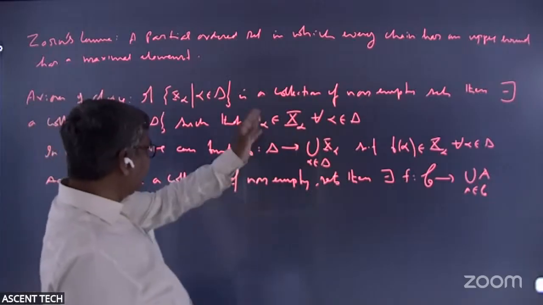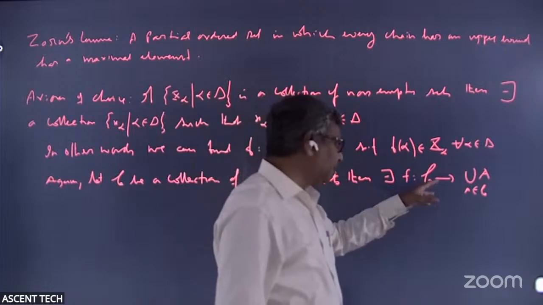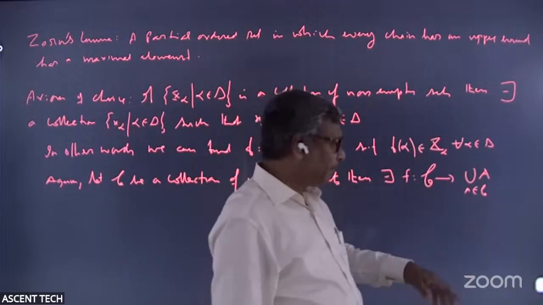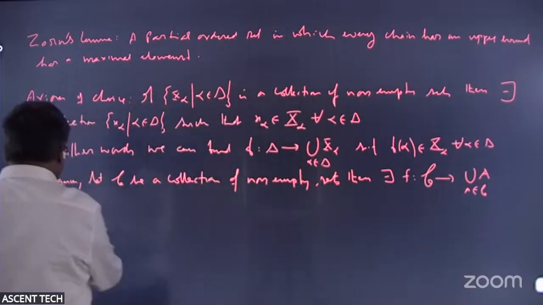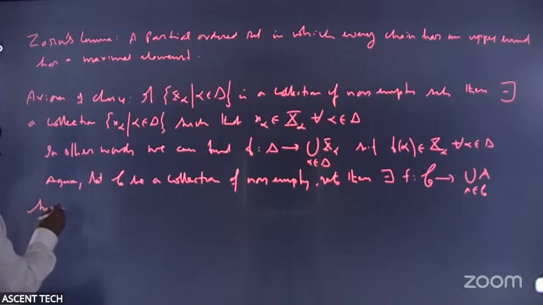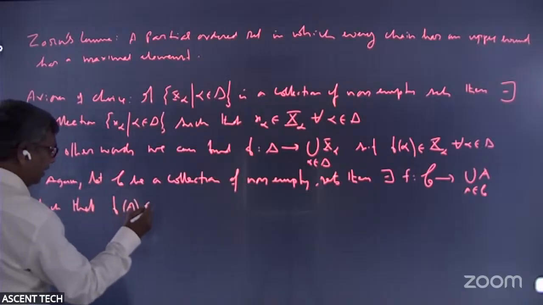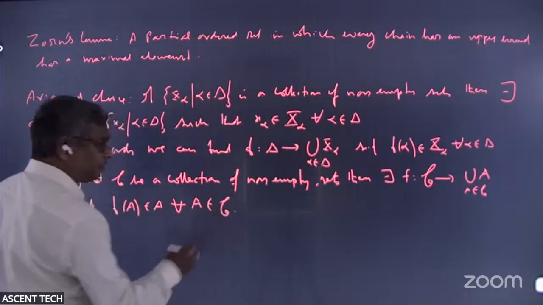So the collection itself is taking the role of an indexing set. For each member of the collection, I can choose an element in that. There exists a function f from C to that union such that f of A is in A for each A in C.